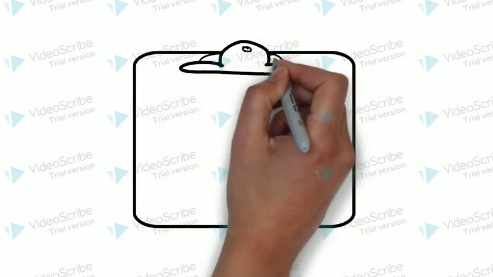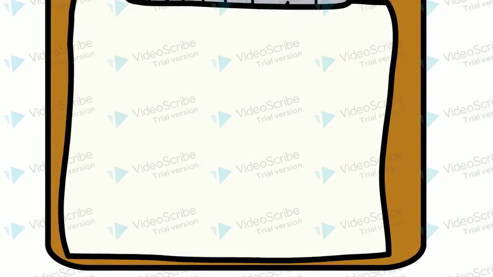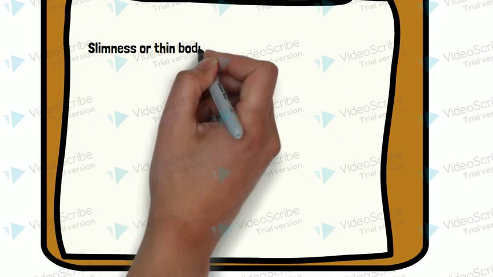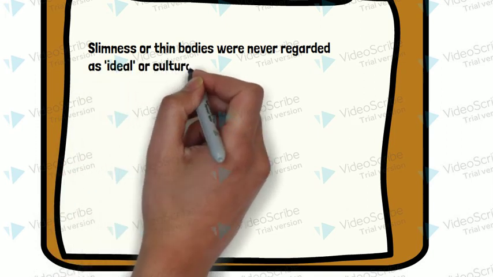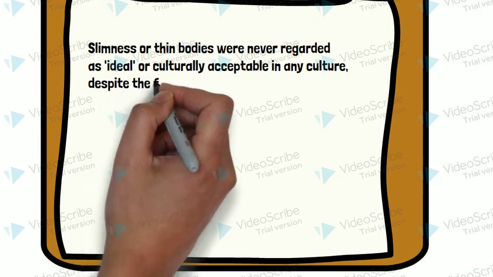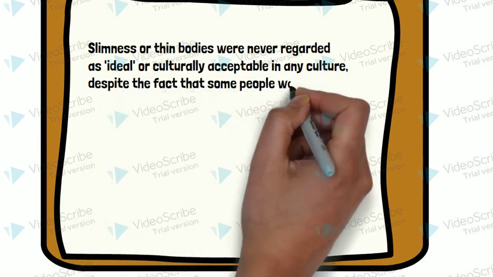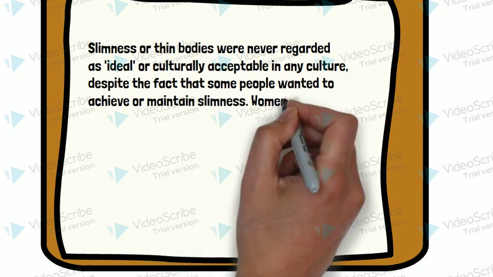Body size was utilized to typecast people into different cultures, but there was no clearly defined cultural norm. Slimness or thin bodies were never regarded as ideal or culturally acceptable in any culture, despite the fact that people wanted to achieve and maintain slimness.